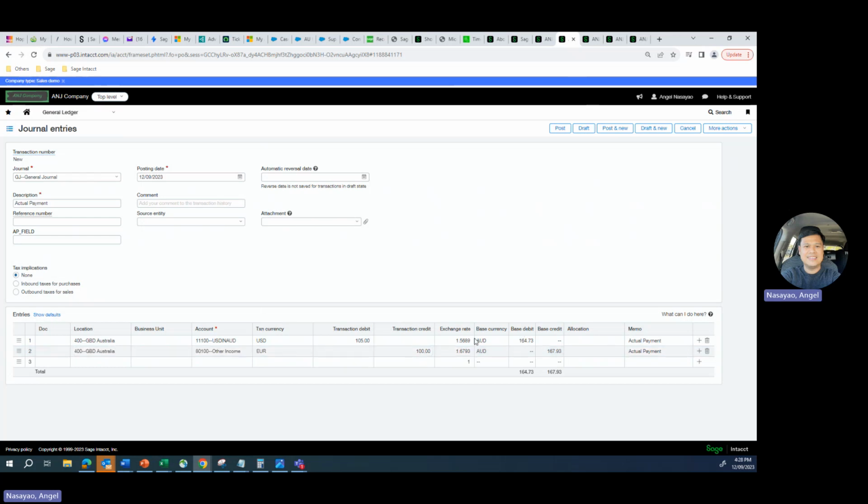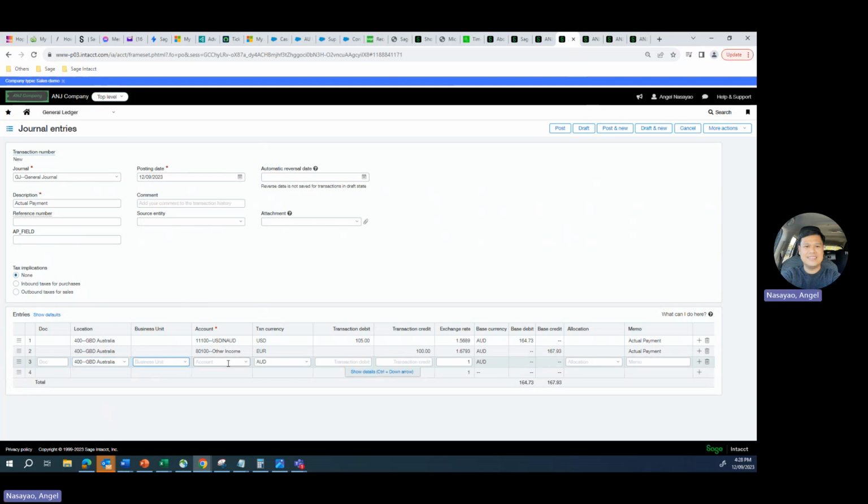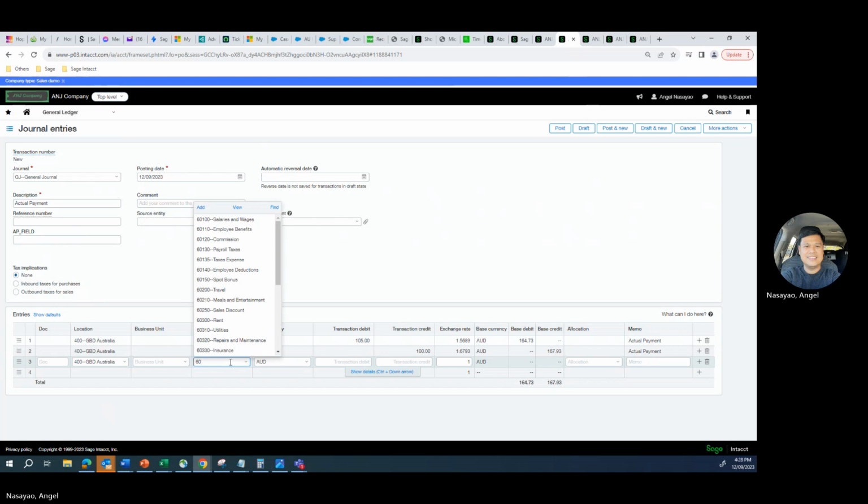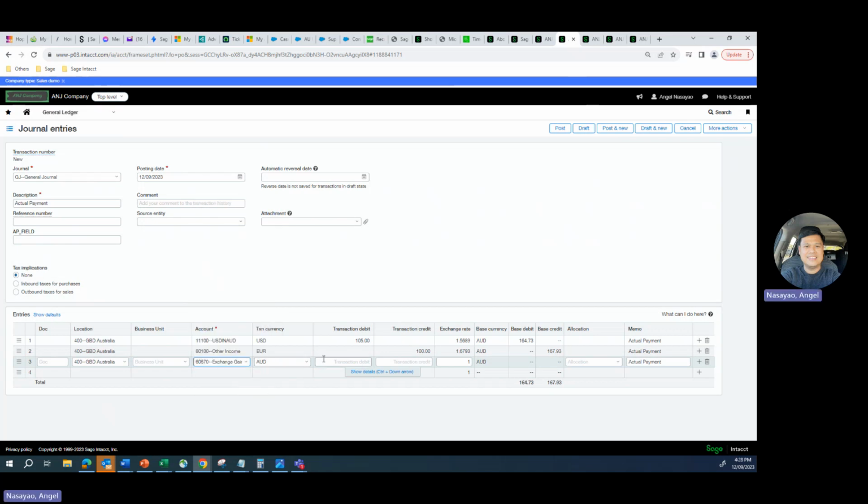And for this one, it is just based on the conversion that you have for today's date. Any difference will just be a forex gain or loss, right? So we can just retain it as AUD in there.